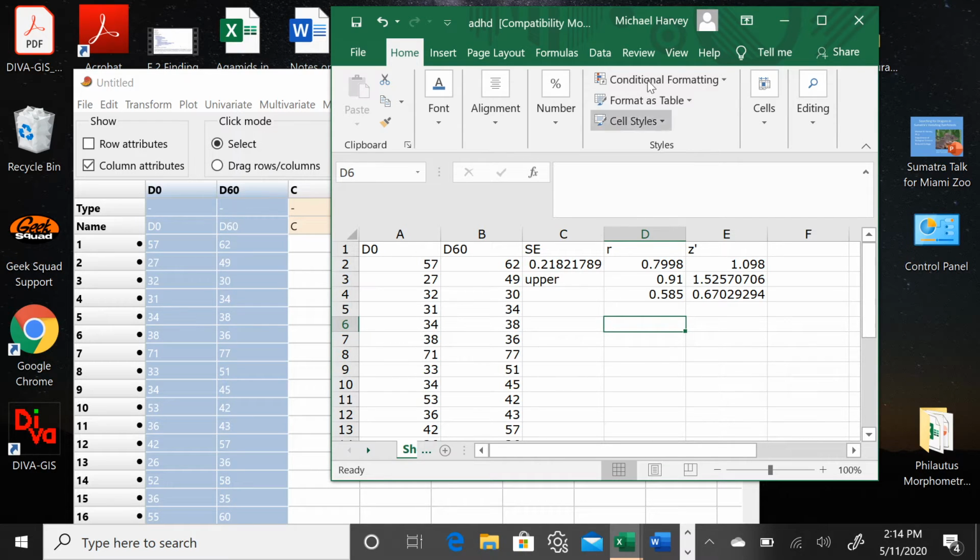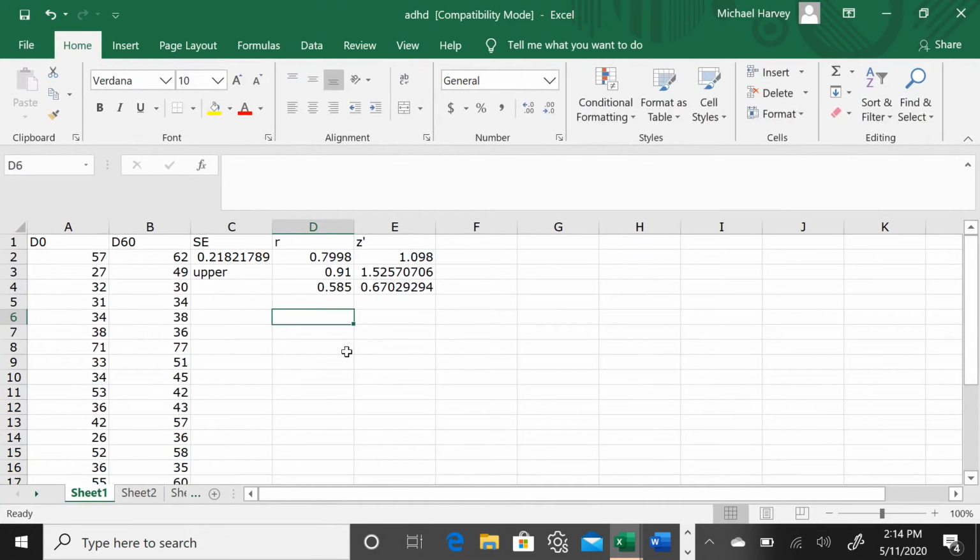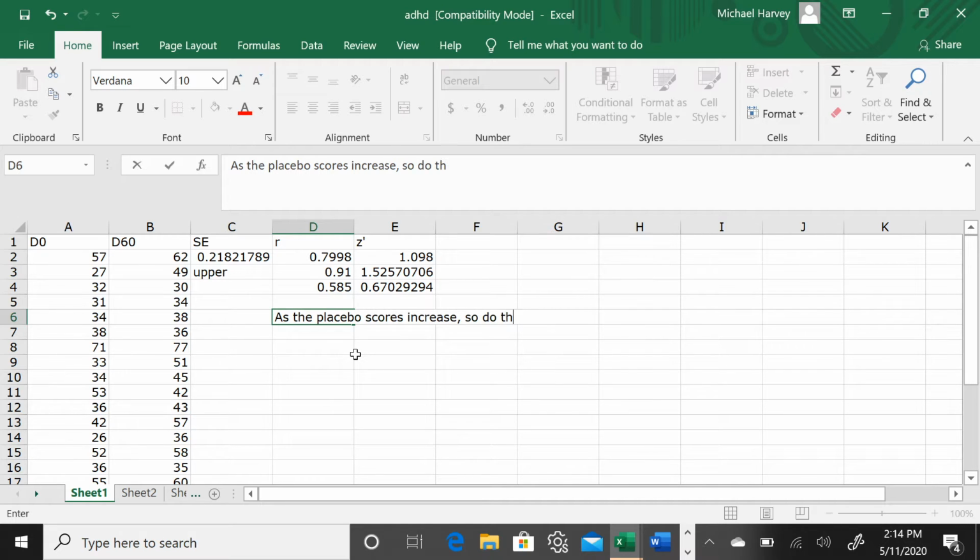So the way I would write an answer for this, I would say that as the D0, we're just going to call it that because I forget what it is. Oh, that's the placebo. As the placebo scores increase, so do the D60 scores.